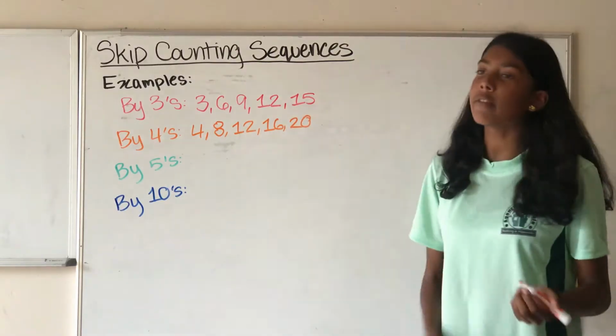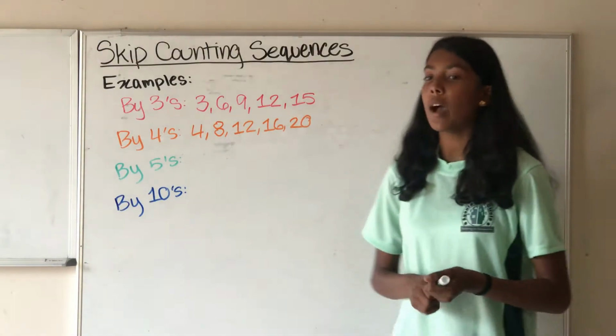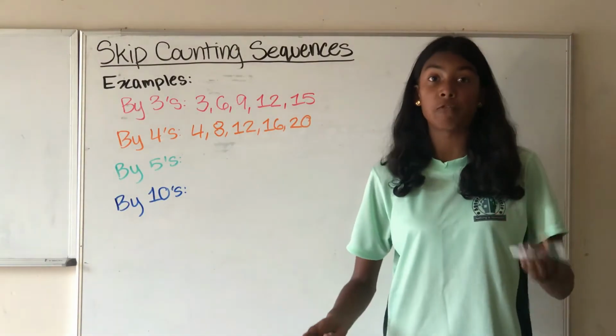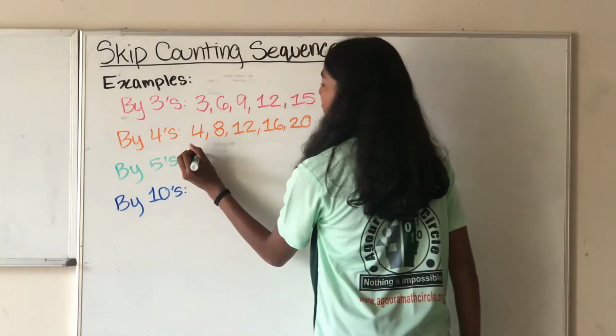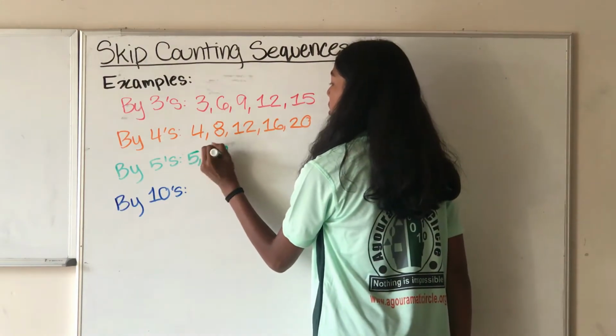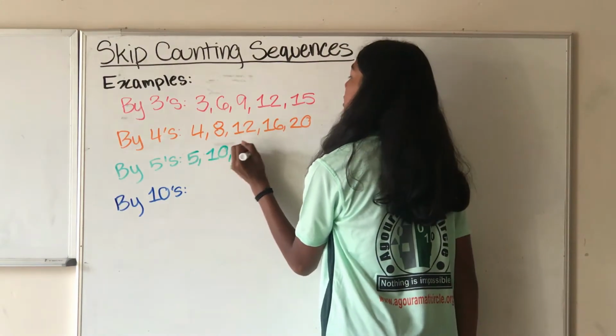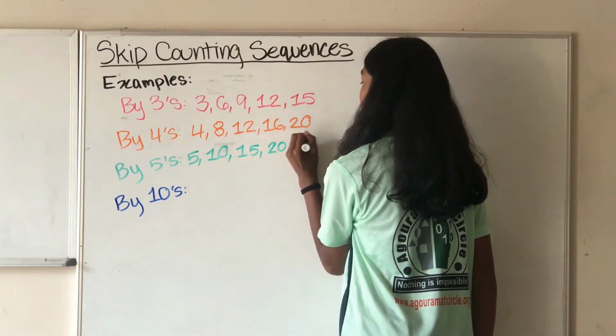So if you're getting the hang of this, you can join me with 5 and 10. So 5, I'm not going to count the numbers in between because there's 4 of them, and I'm too lazy to do that. So we're going to start with 5. And then we have 10. And then it's 15, 20, 25.